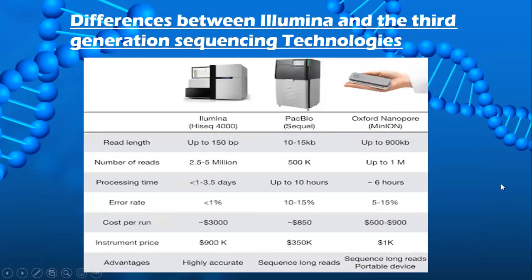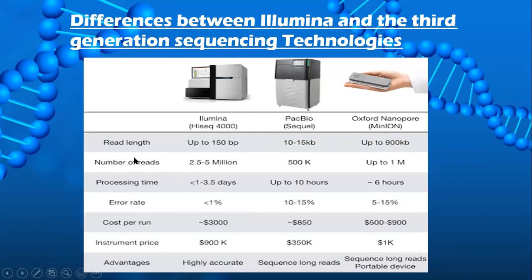So coming to the differences between Illumina and the third generation sequencing technologies. While comparing the second generation technologies like Illumina HiSeq 4000, and Oxford Nanopore and the PacBio Sequel, with regard to parameters such as the read length, the number of reads, processing time, error rate, cost per run, instrument price, and advantages, the read length is highest in Oxford Nanopore, of up to 900 kilobases.